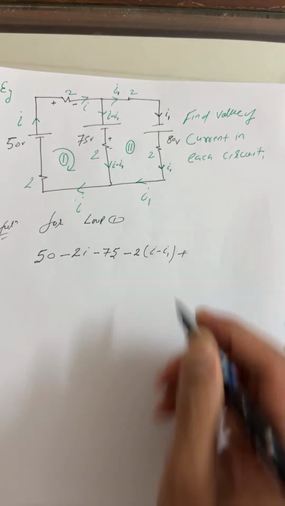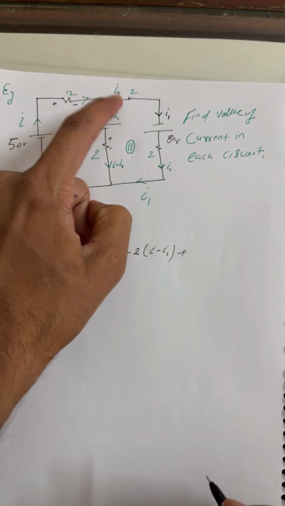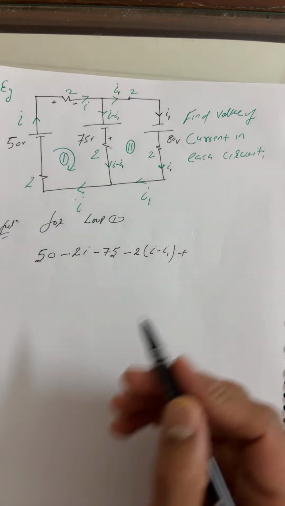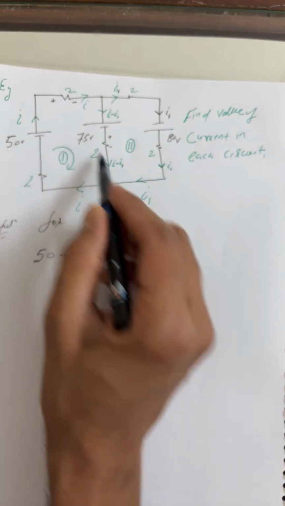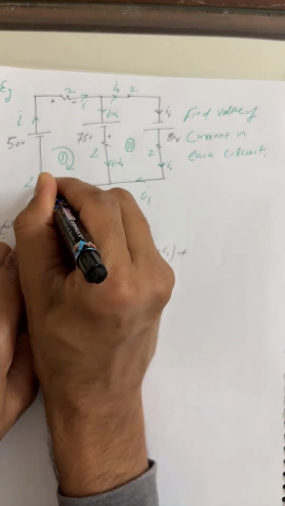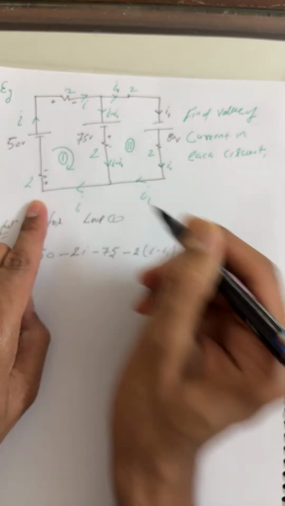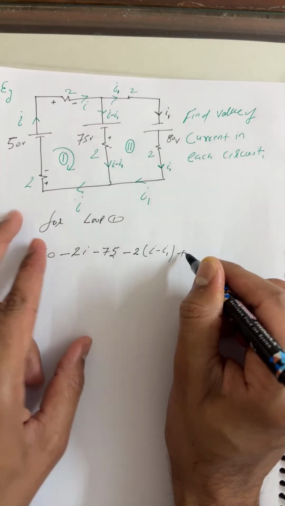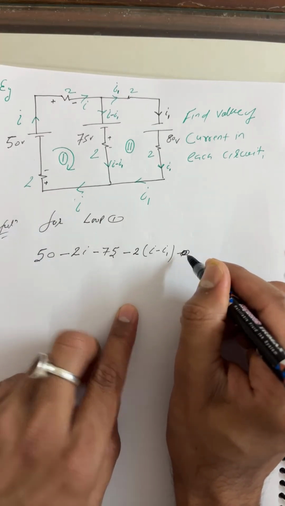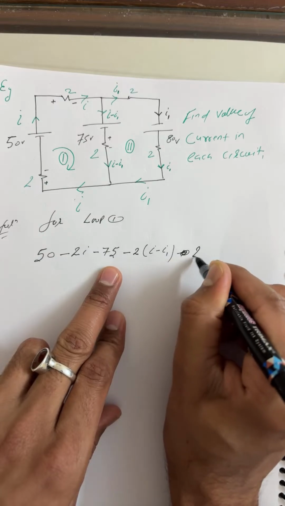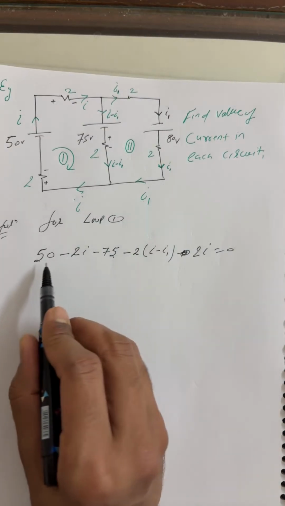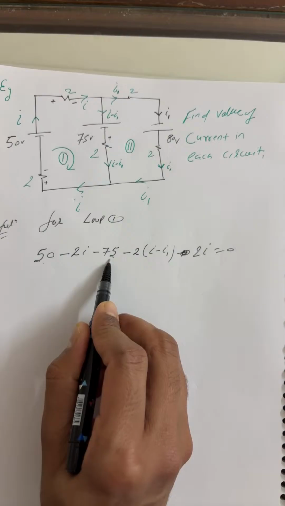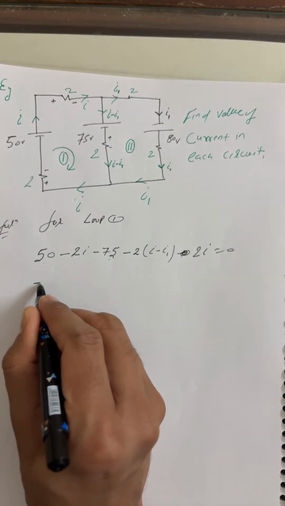Then plus here, from this side. This is the complete loop. So again, plus 2 minus plus 2, minus 2I, which is equal to 0. Now have a look here: 50 minus 75, how much? Minus 25.